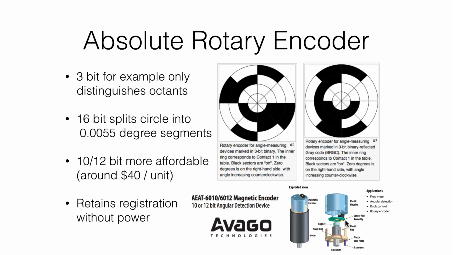So it's getting information out of magnetic variations as you rotate the encoder. So that'll give you an absolute reading. $40 a unit, that's a little bit more expensive than our potentiometer. However, it has the advantage that because it's magnetic, it's virtually unlimited in terms of cycle time.